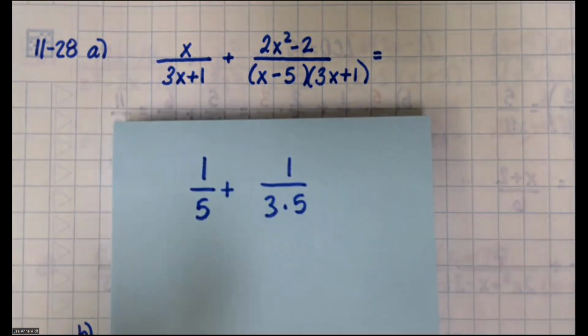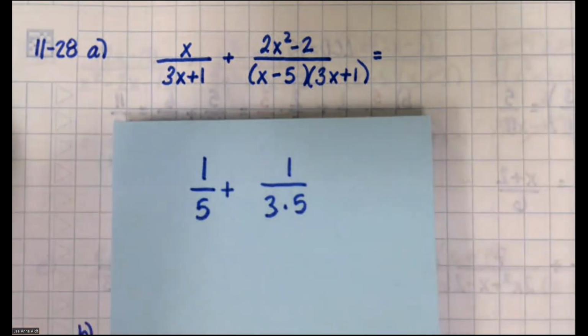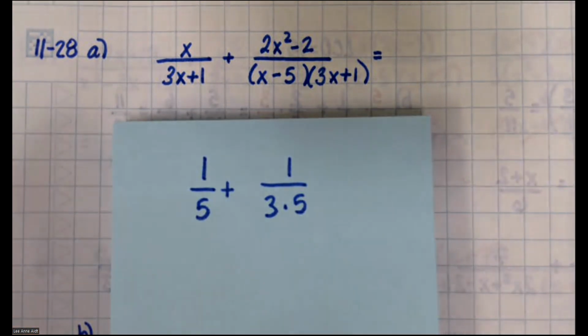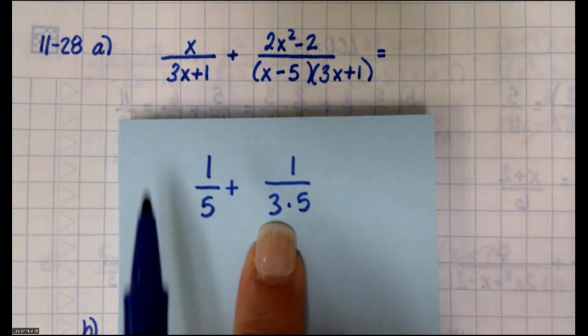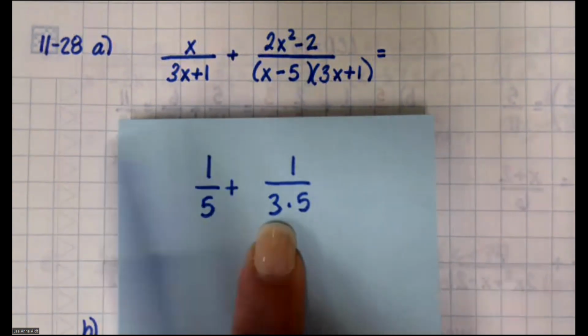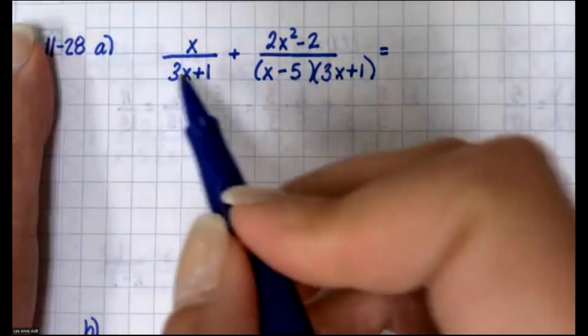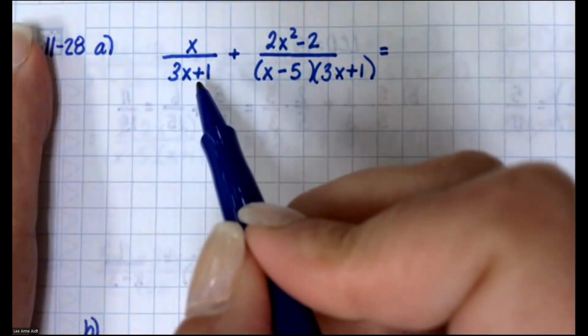Okay, what is the common denominator of the post-it problem? 15. Okay, the post-it note problem, the common denominator is 15. What did I do to get that 15? Okay, so what does this side need? A 3. Okay, 3x plus 1 is in my shopping bag.